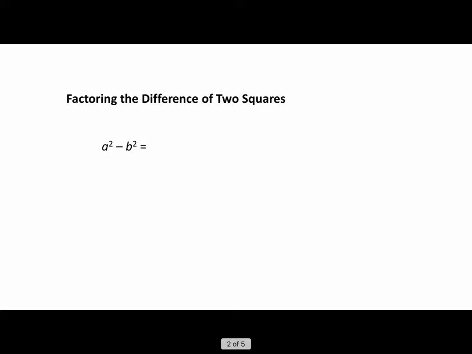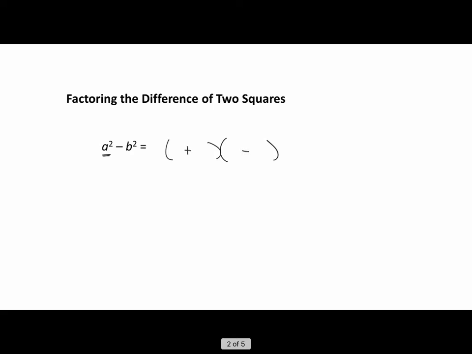So how do you factor the difference of two perfect squares? If you took the notes for section 5.4 with the special products, then that would make this a little bit easier, but if not, it's not a big deal. Because a squared minus b squared is going to be two binomial factors, and they're going to be the sum and difference of what's being squared.